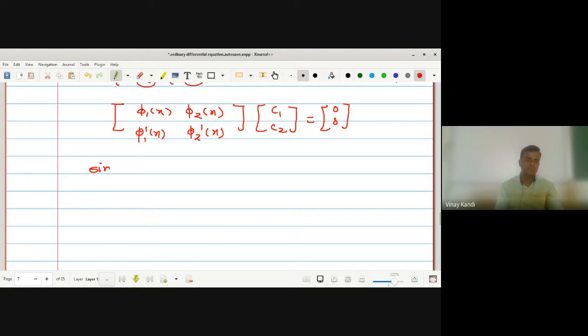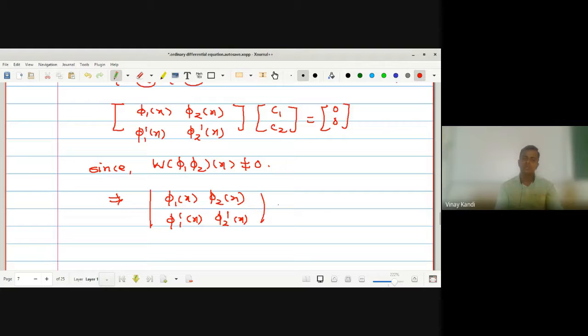Since we assumed that the Wronskian of phi1 and phi2 at x is not equal to 0, which means the determinant of phi1 of x, phi2 of x, phi1 dash of x, phi2 dash of x is not equal to 0 for all x belongs to I, hence the coefficient matrix is invertible.